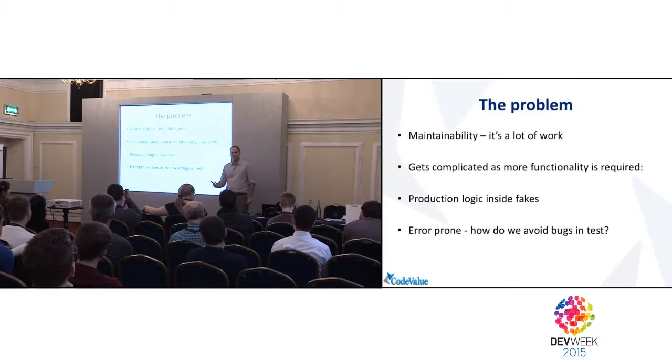Now, there is a big problem with creating additional code just for your test. The problem is you have to maintain it now. You have another class for each and every dependency you have. And you need to implement all the methods. Even if they do absolutely nothing, or return null or whatever, you still need to implement it.